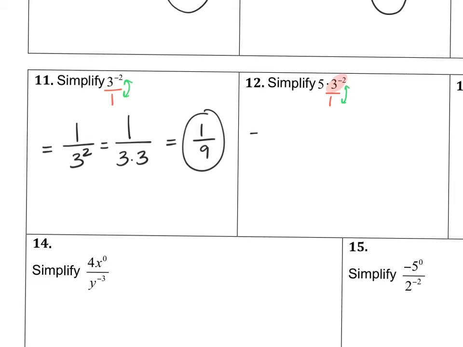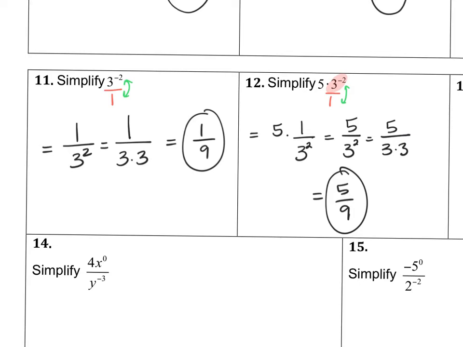That 5 stays where it's at. 5 times 1 over 3 to the positive second. All right, so this is 5 over 3 to the second, which is the same as 5 over 3 times 3, which is 5 over 9.